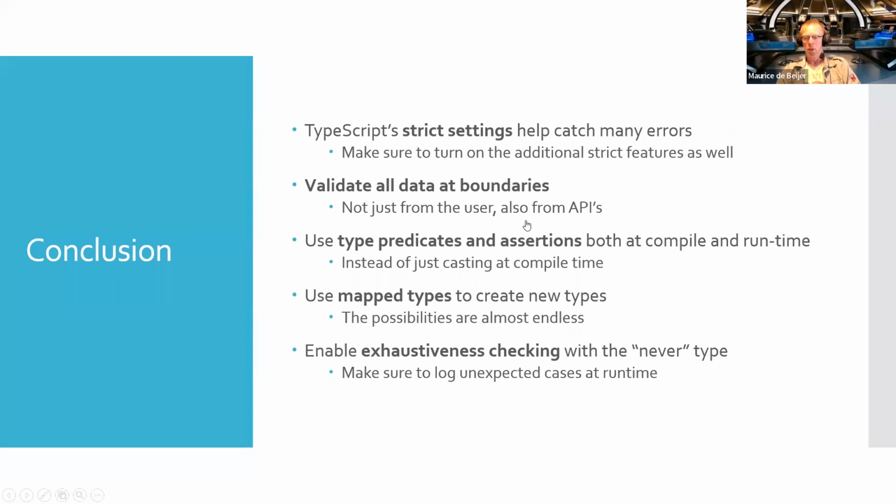I recommend you validate all data at the boundaries, not just from users, but also from APIs, using something like Zod or IOTS or Yup or many libraries there, or just write some custom code. Use the type inferencing features available for many of these libraries to create your TypeScript types based on the same types.